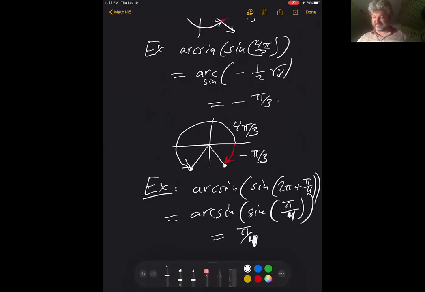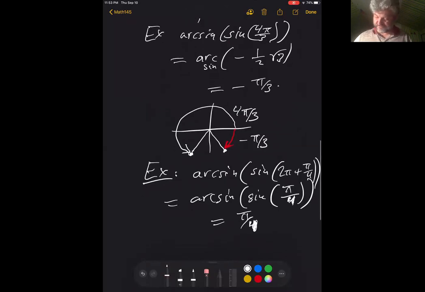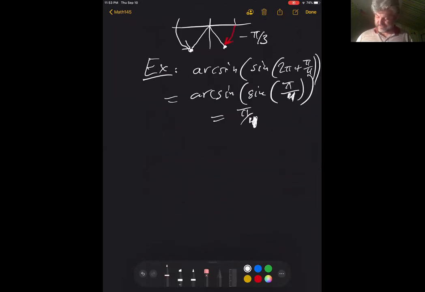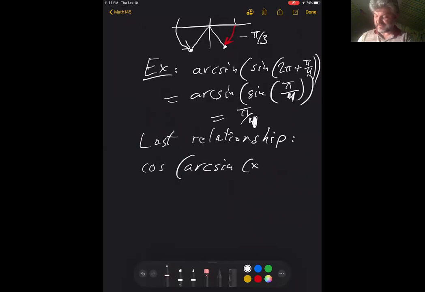One more thing from lesson 7. And that is the cosine of arcsine of x. What is that? Cosine of arcsine of x.